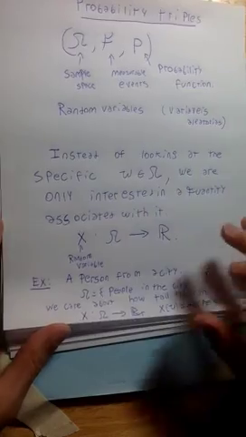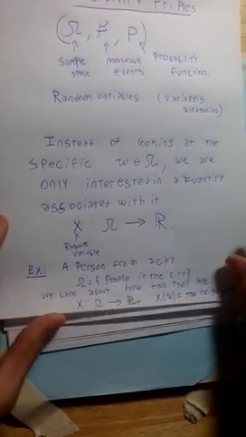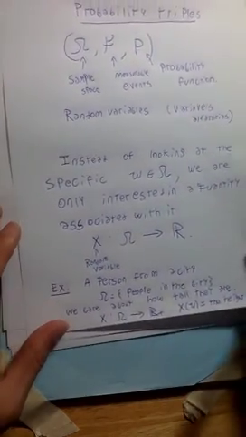Okay, so that would be one example. I'm not saying what the probability distribution would be, but let's say that we are uniformly sampling over all the people.